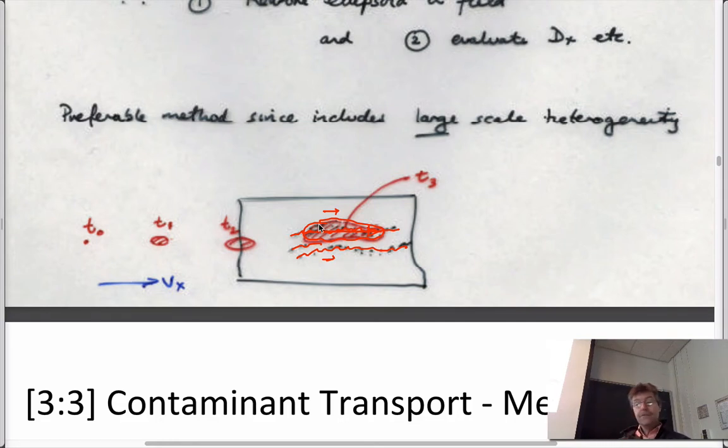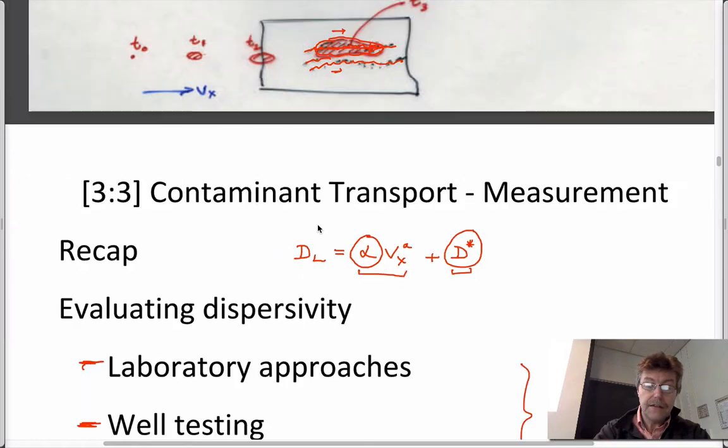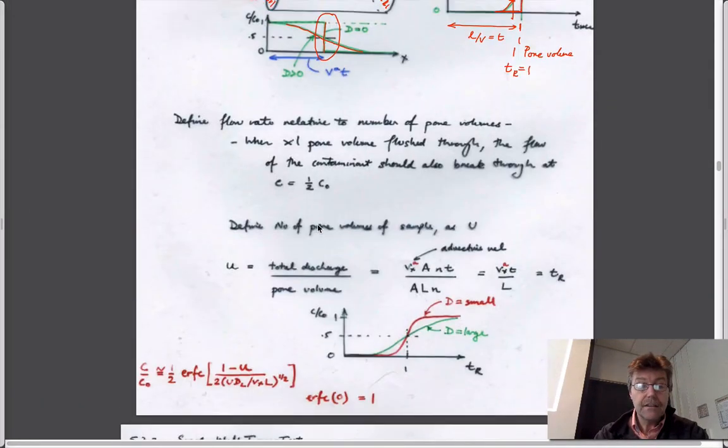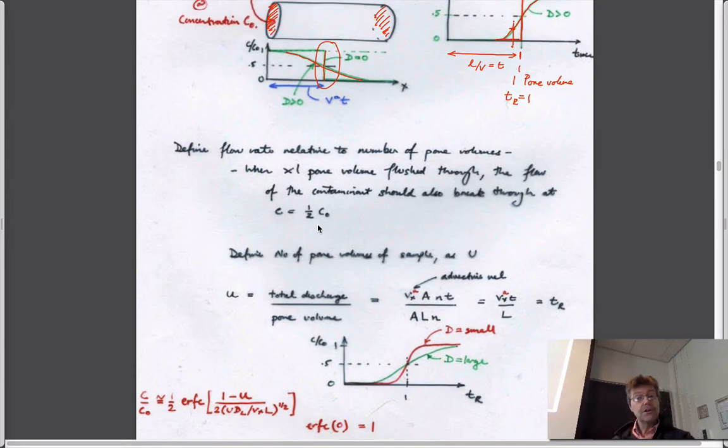And so if you take a sample in the field that to scale maybe is only this big, compared to the structure of these high permeability pathways being this size, then you're only sampling something that really doesn't include the mechanism by which this thing spreads out. And so the reality is that when you look at dispersion, taking a small sample and doing an experiment that we have just talked about would give you the parameters for that small sample.